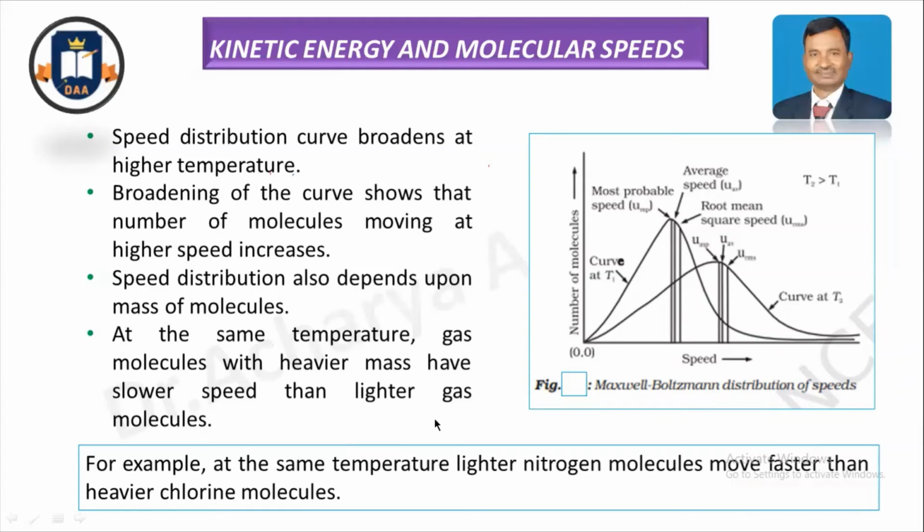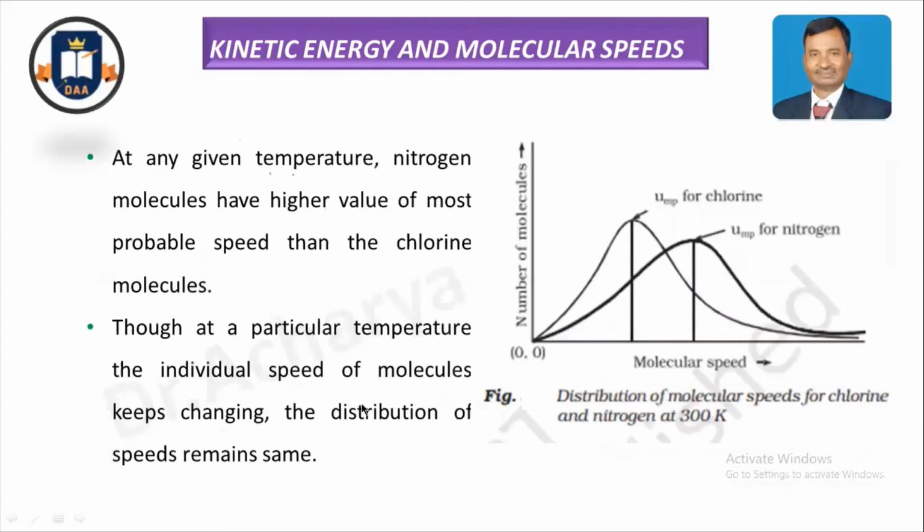For example, at the same temperature, the nitrogen molecule is lighter than the chlorine molecule. So nitrogen molecules at the same temperature will move faster than chlorine molecules. At any given temperature, nitrogen molecules have a higher most probable speed than chlorine molecules.